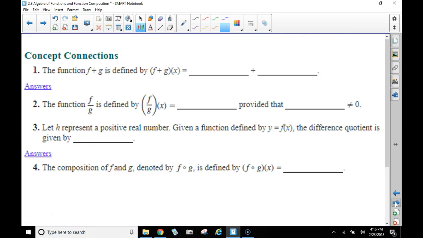The function f plus g is defined by f plus g of x, and that means to find f of x plus g of x.